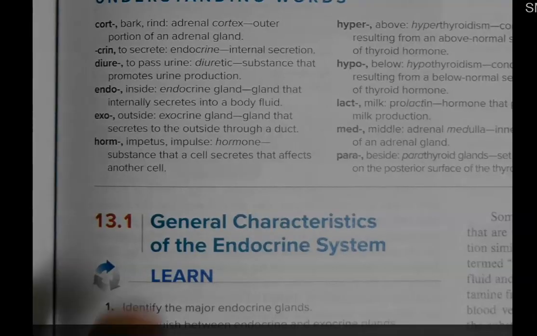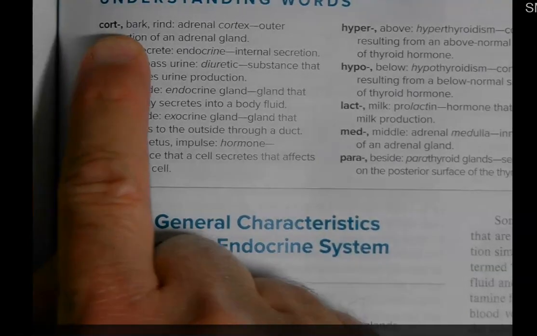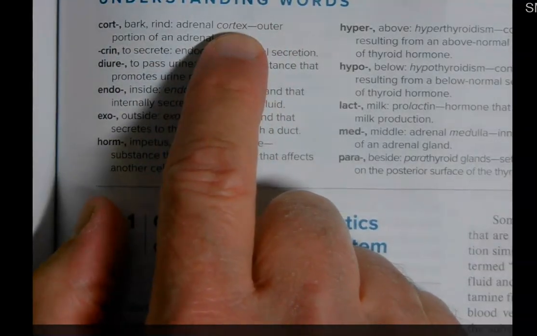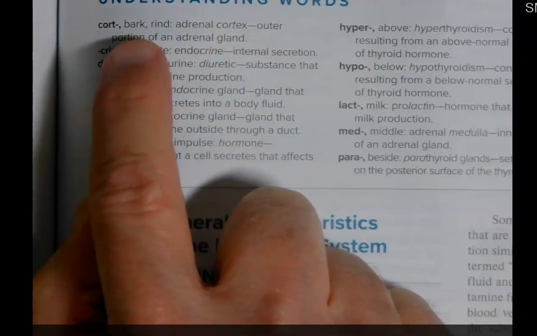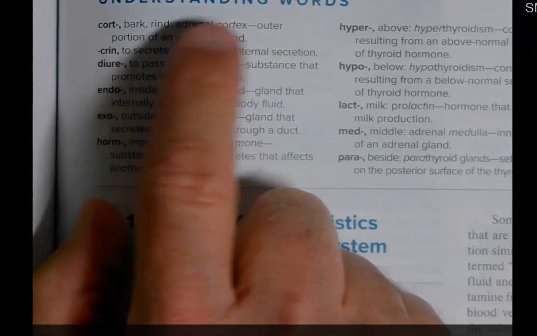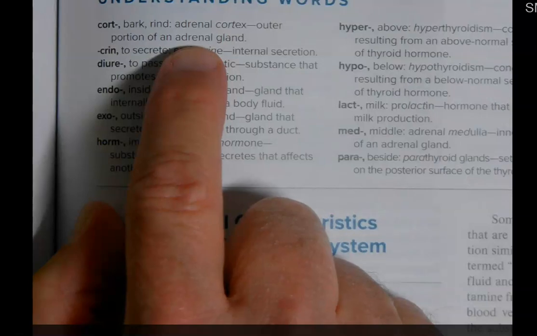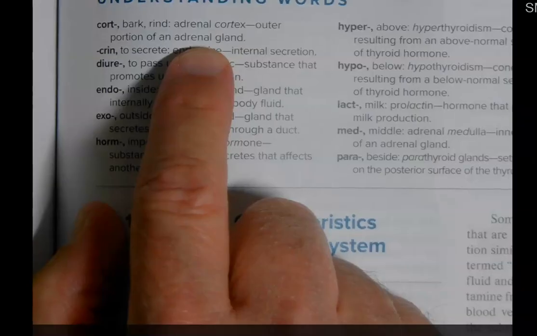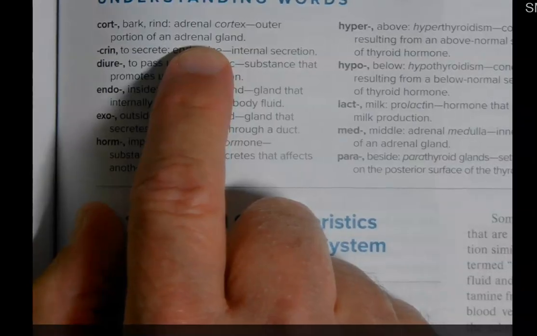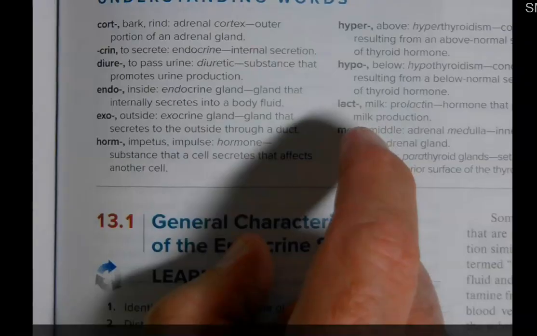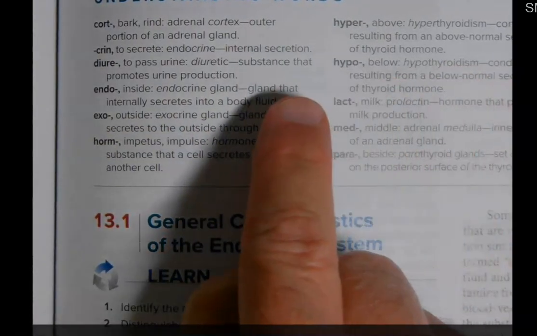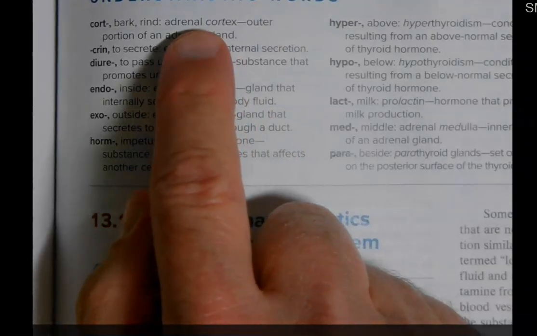The first one here is cort, referring to bark or rind. For example, we're going to talk about the adrenal cortex. Like the bark on a tree or the rind of a melon, it's the outer portion of the adrenal gland. Renal, I think you might be familiar with.